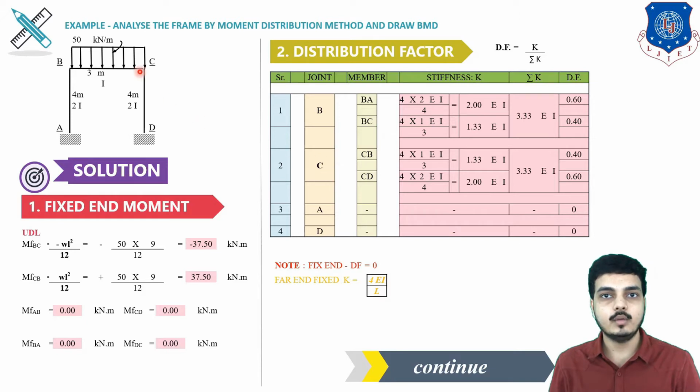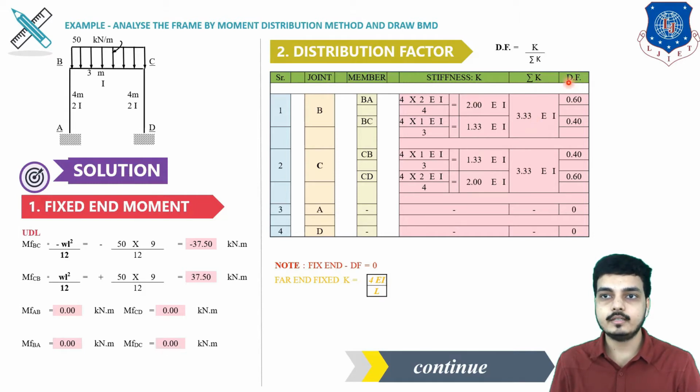Similarly, the second joint will be C, with members C to B and C to D. Again CB is considered as a fixed support, so 4EI upon L, and similarly the 1.33 value will be there. And the far end is fixed, so 4EI upon L, a replica of these two values. Now if we sum this up, we get 3.33.